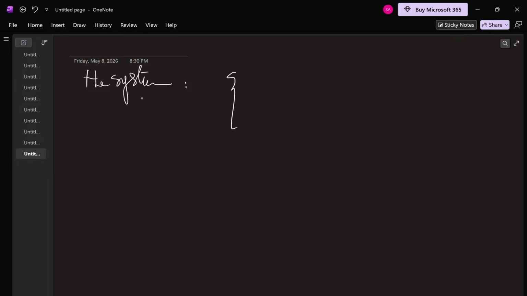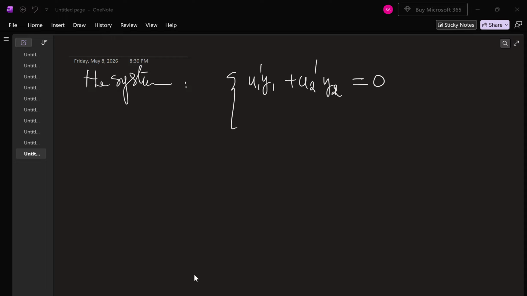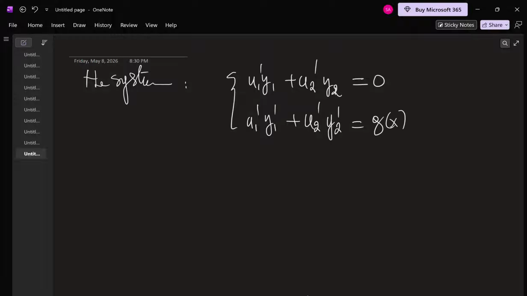The first one is u1 prime y1 plus u2 prime y2 is equal to 0, okay, and the second one that we just found is u1 prime y1 prime plus u2 prime y2 prime is equal to g of x.